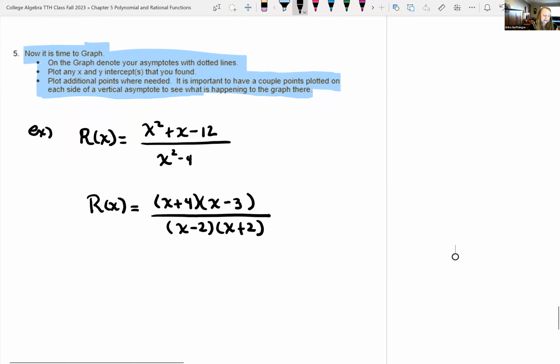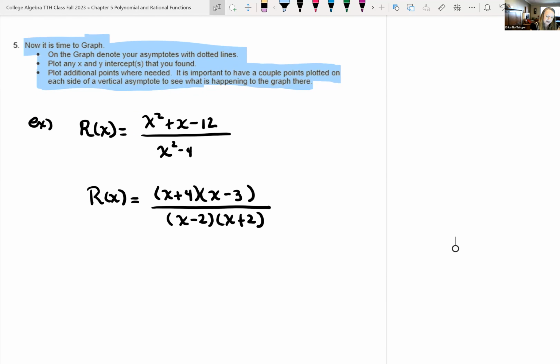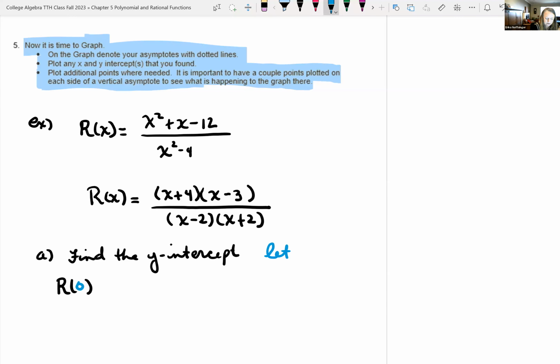So looking at this, I was going to find my intercepts. We know that the y-intercept occurs when our x value is 0. So wherever we see an x in our function, we're going to plug in 0 for x. We can plug this into our original function, or into our factored function.